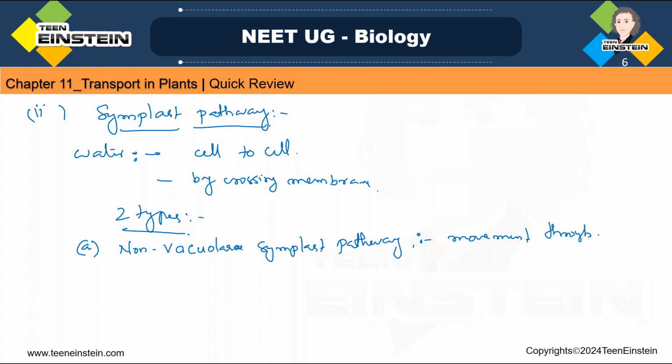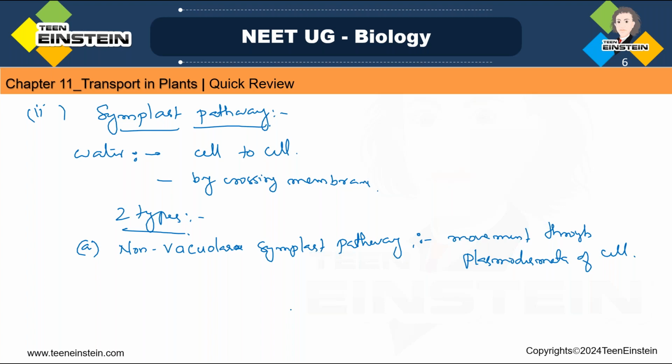Movement through plasmodesmata of cells. Clear? The apoplast pathway was a repeated question. Then in the symplast pathway, the water moves from cell to cell by crossing the membrane. They will give options like water from cell to cell by crossing the membrane, or without crossing the membrane.